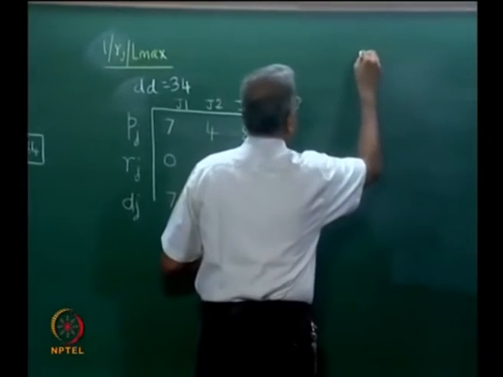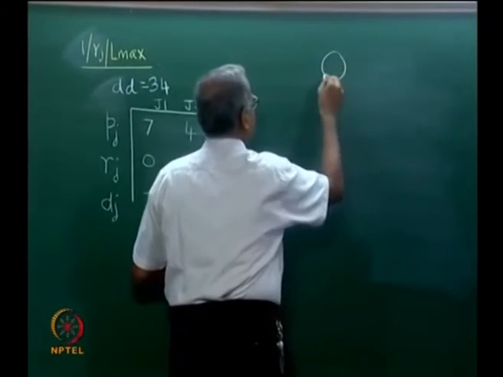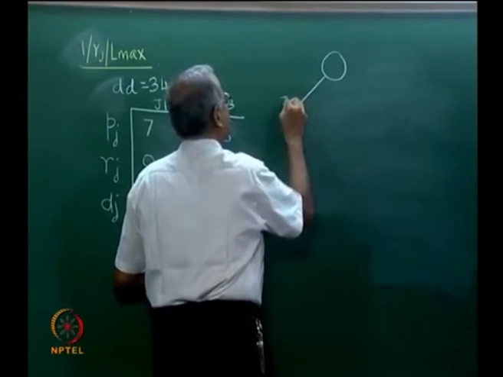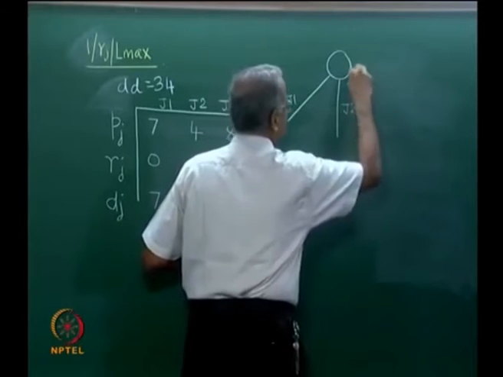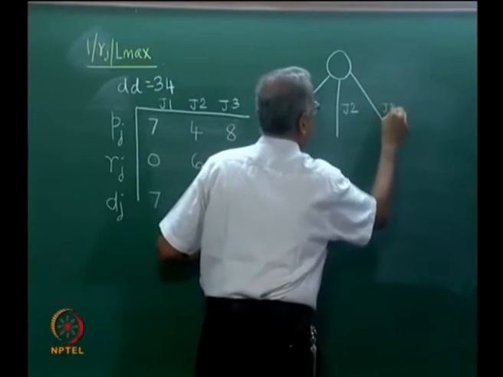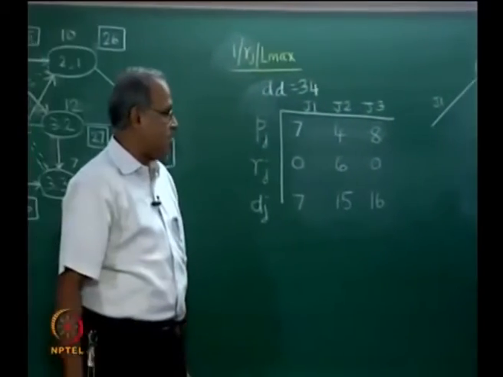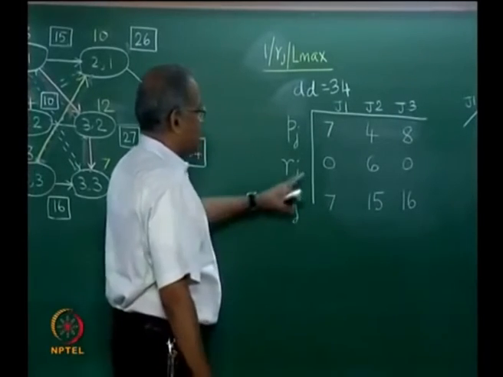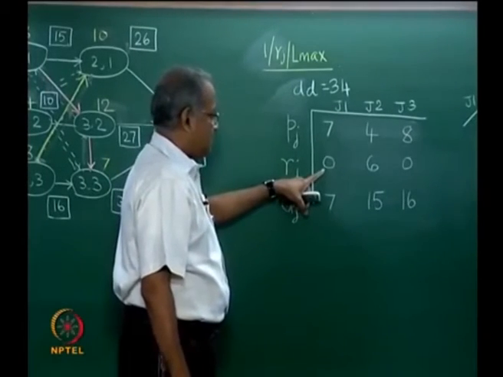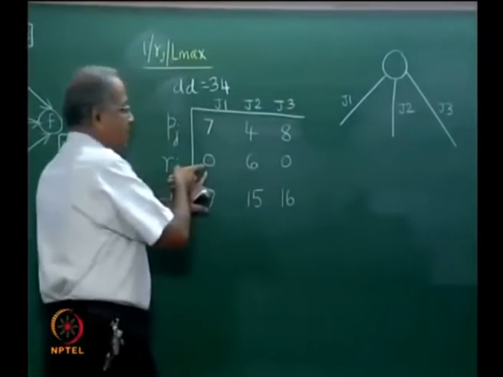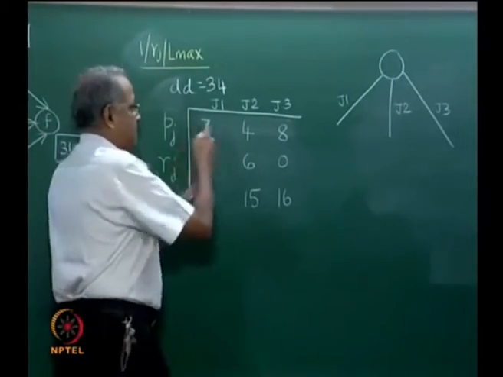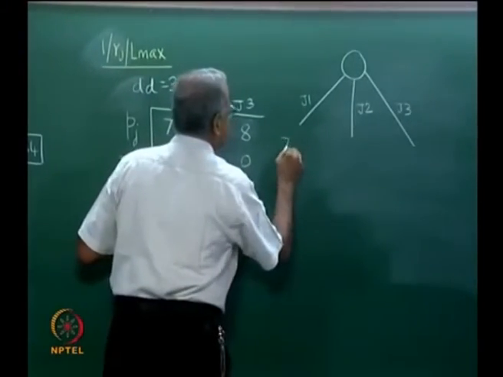So we now begin with J1 as the first job in the sequence, J2 as the first job, and J3 as the first job in the sequence. So when we look at J1 as the first job in the sequence, it is available at time equal to 0, therefore the completion time will be 7.